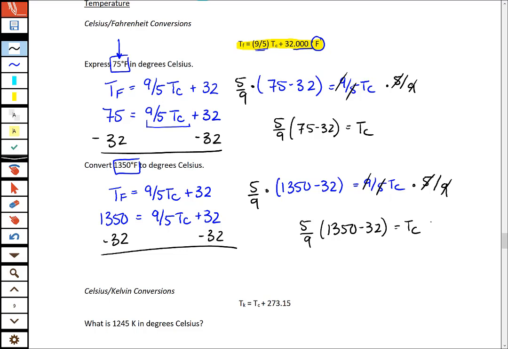Now, if you have a graphing calculator and you can write it just like this, where you put this part in parentheses in your graphing calculator, then you're fine. But if you have a scientific calculator, then you would want to make sure that you are putting it in properly, right? So 5/9 times the subtraction there.